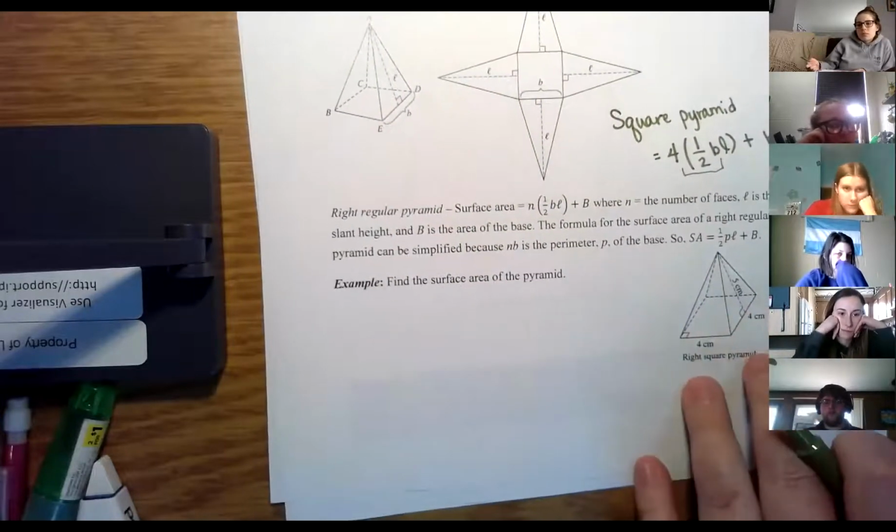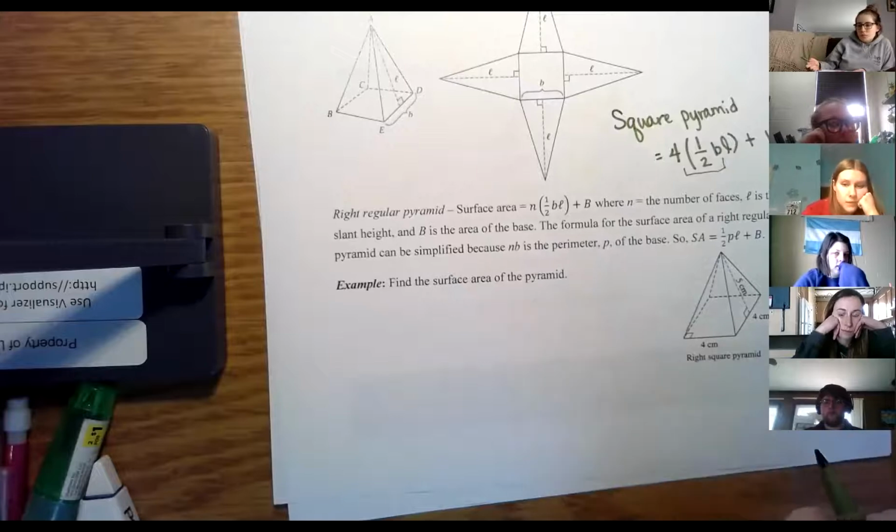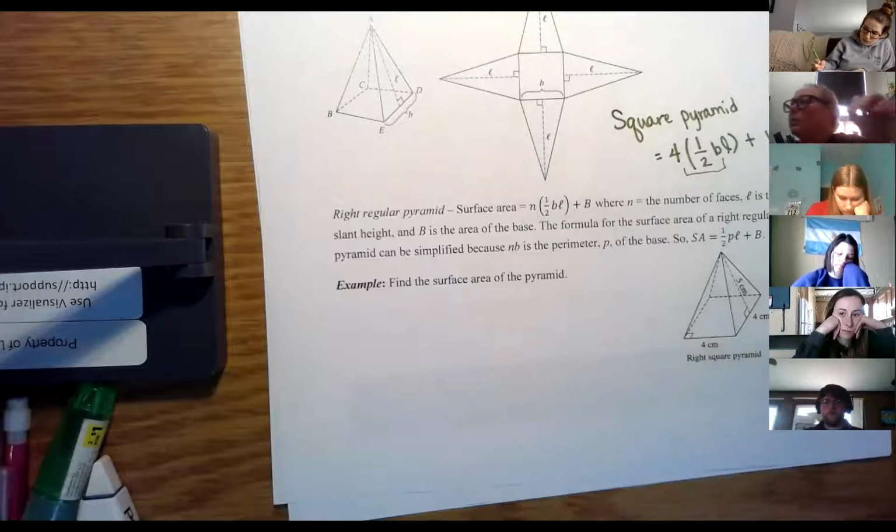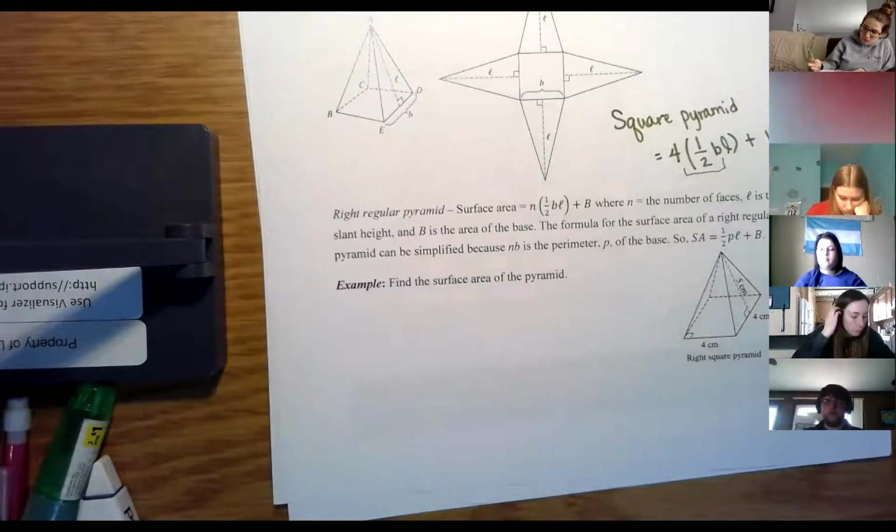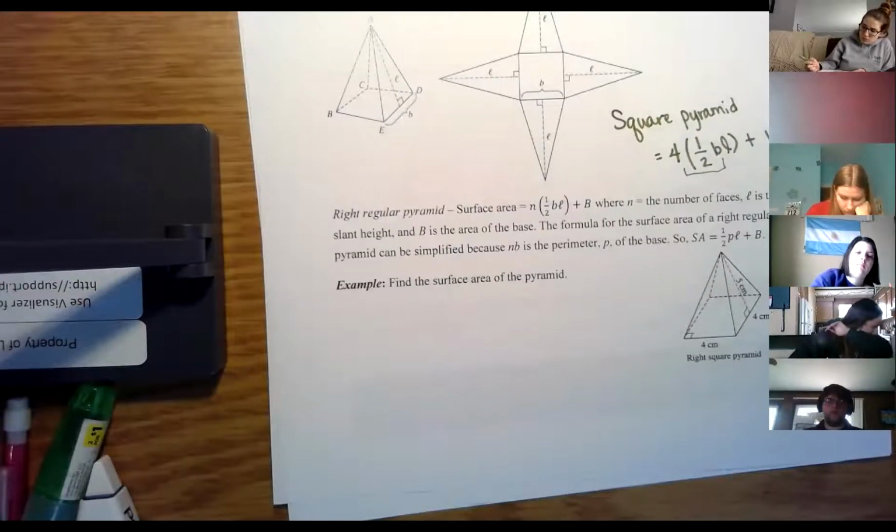So let's see if we can figure out the area of this square pyramid. Do I have a square pyramid with me? I have a triangular prism. I thought I had one.